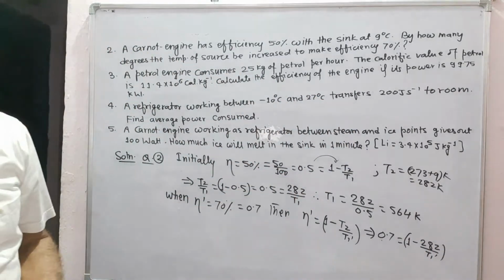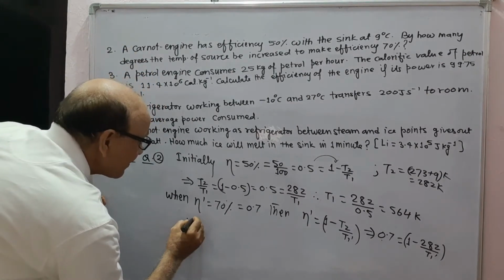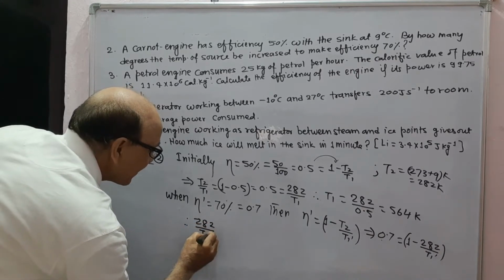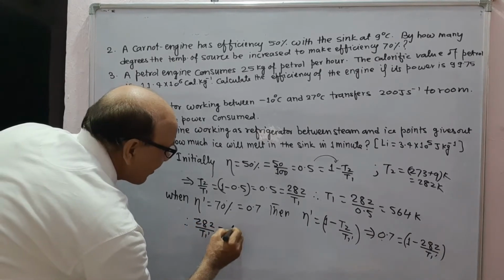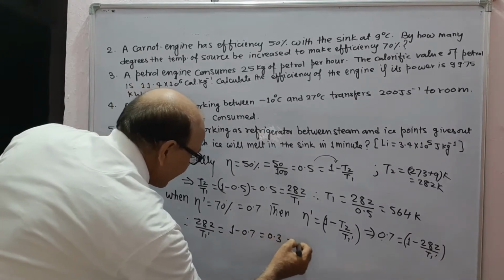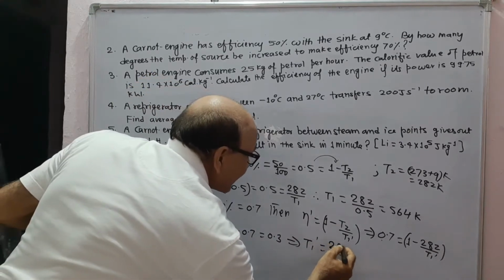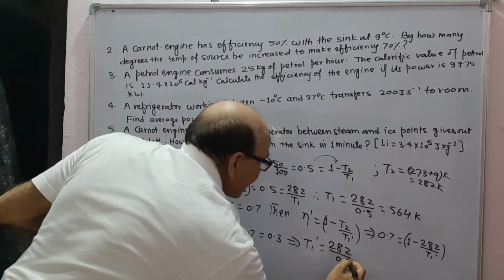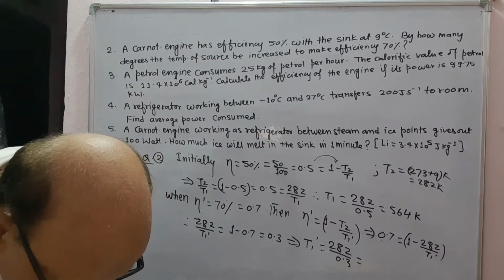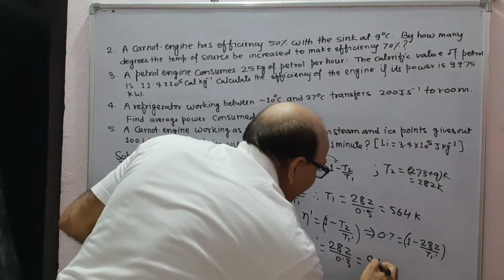From this relation we get T1 dash. So 282 upon T1 dash will be equal to 1 minus 0.7, which is 0.3, which gives T1 dash as 282 upon 0.3, which is 940 Kelvin.